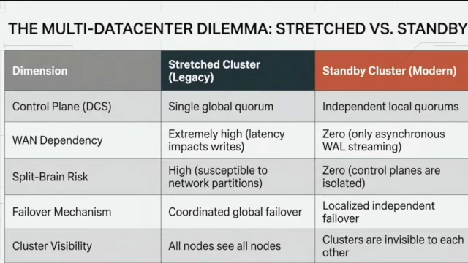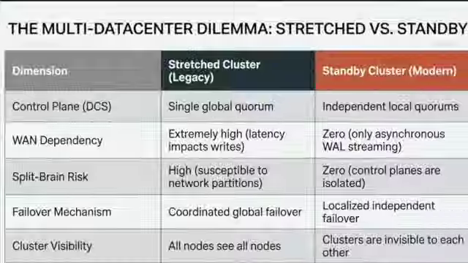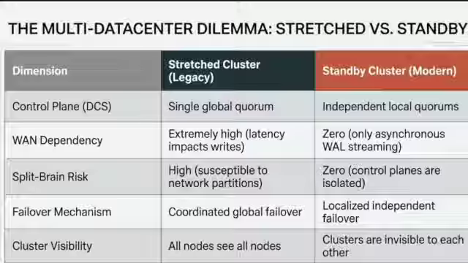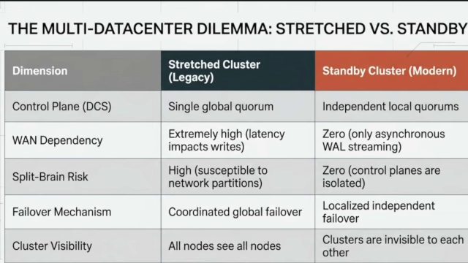The clusters are invisible to each other, which means, for example, you have a DC site and a DR site, which logically is one single architecture, but when you execute the list command, it will show the nodes on the DC side only. If you want to see the DR side, you have to execute the list command once again, which shows the DR side nodes at the DR end.